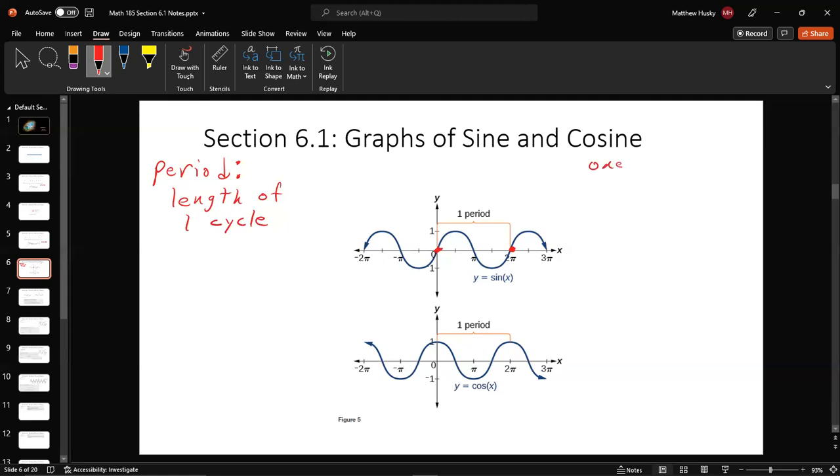Another way to think of it is the distance from one high point to the next high point.